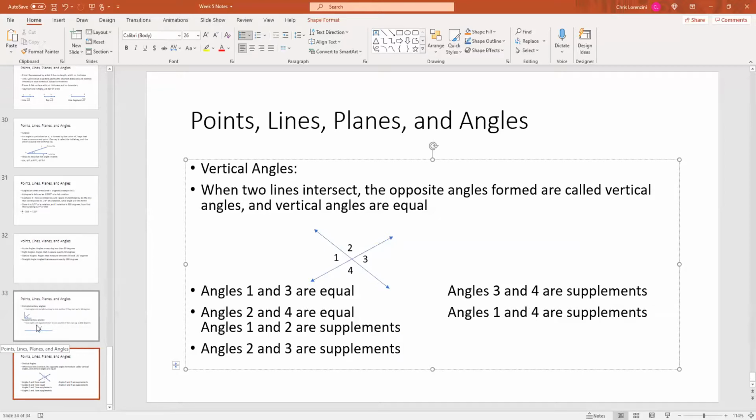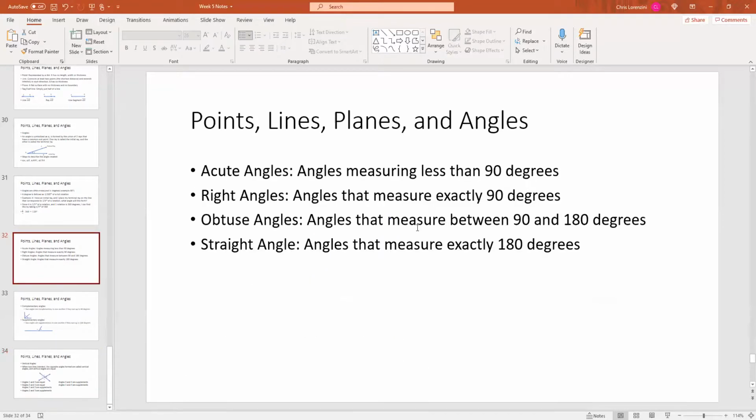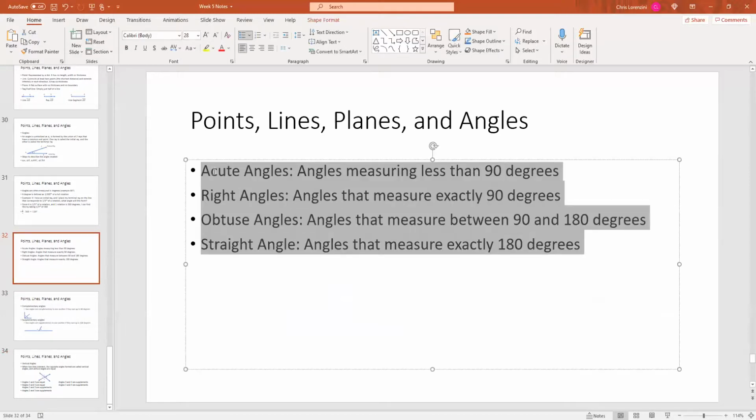So what is most important? You might notice we didn't really do any examples on this. There's plenty of examples that we could do. The key thing that I want you to know, or that you need to know for your exam, are the different types of angles that we happen to see. Make sure you understand that if we show you an angle or tell you we have an angle that measures this, what type of angle is it?